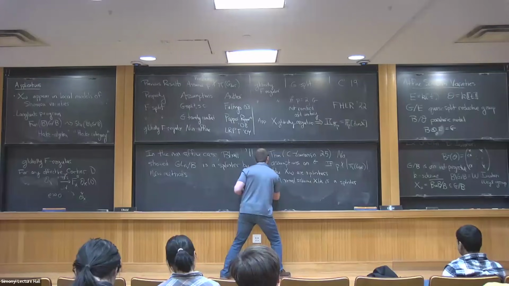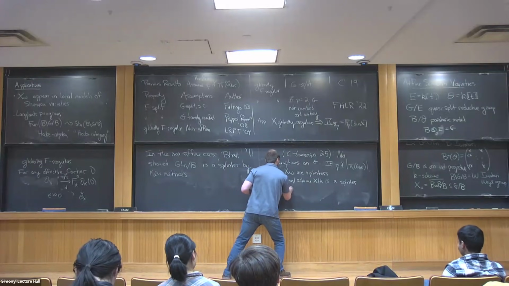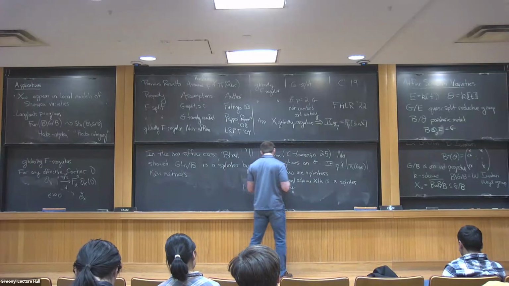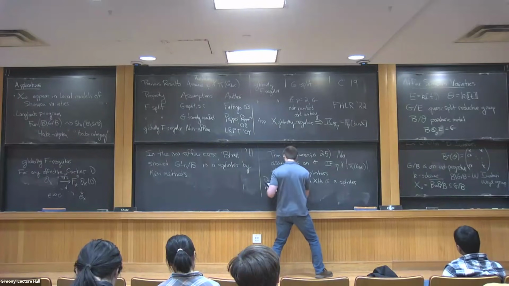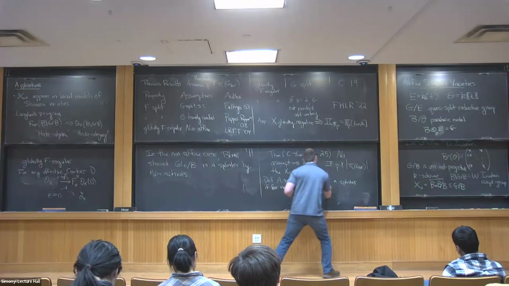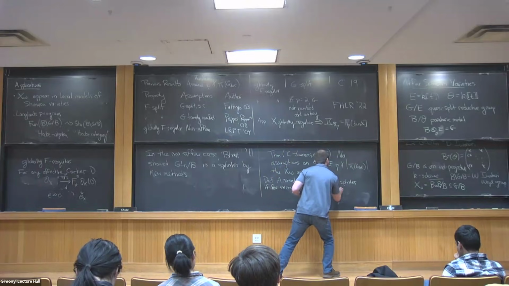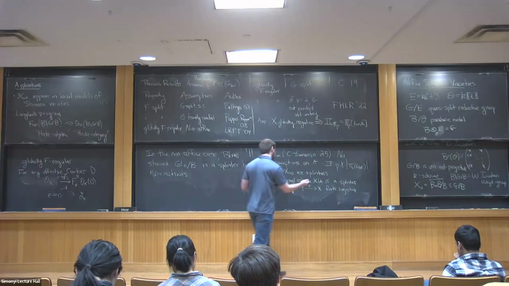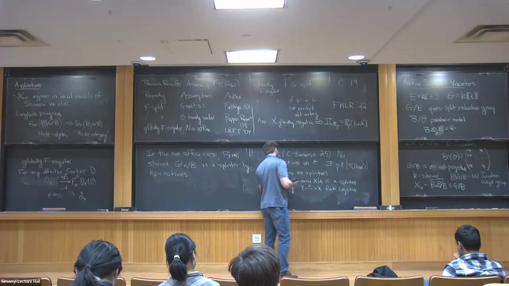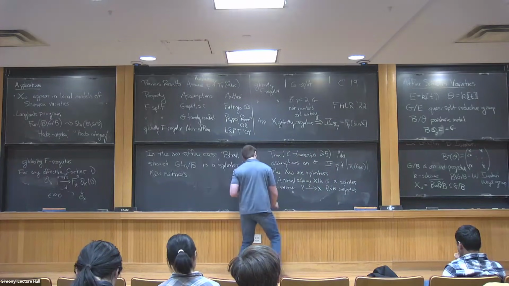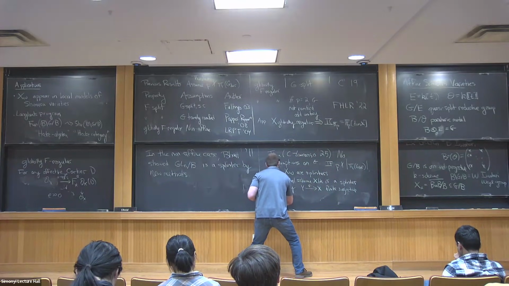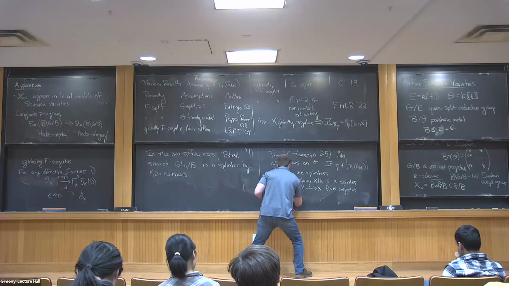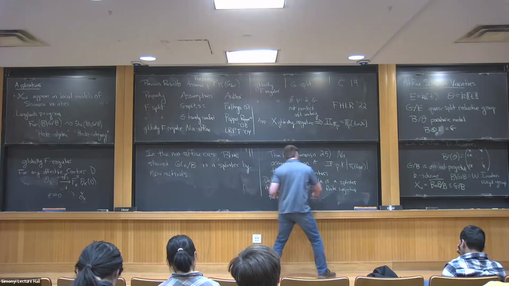If for every finite surjective map, we can split the map on global sections of O. So if for every Y to X finite surjective, maybe I want to assume that Y is also normal, there is an OX-linear splitting of basically the same map we wrote down for the Frobenius, but now just using an arbitrary finite cover.